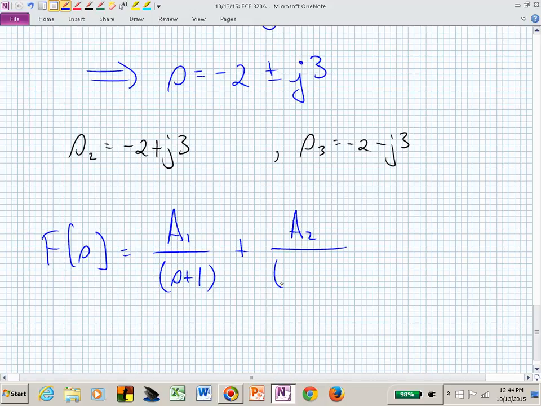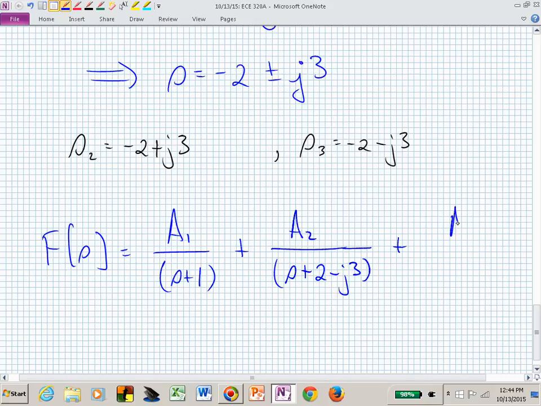Let me leave that on top of s sub 2, which is now s plus 2 minus j3. Is it clear that s sub 2 causes that one to vanish? We put s sub 2 of minus 2 plus j3, that's the pole that causes that factor to disappear.